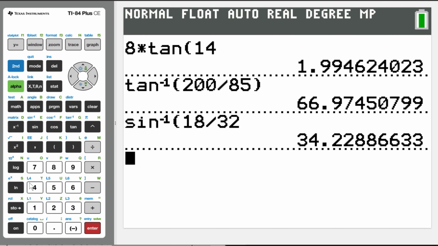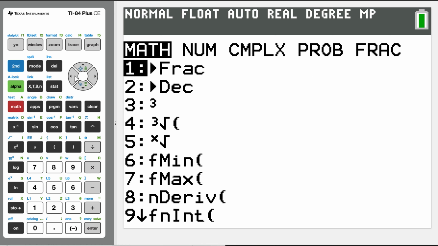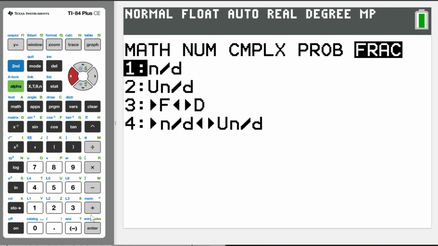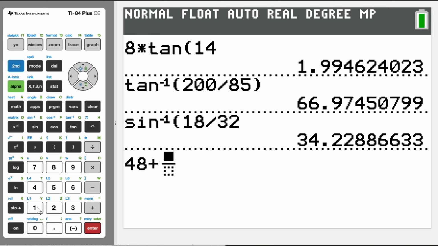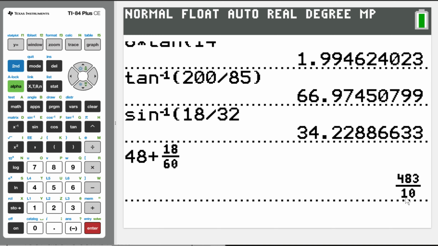So on my calculator, I'll go 48 plus, and then I can type in that fraction. So I'll do that by hitting the math key. So you see how fraction is all the way over here on the right? I'll just scroll one time to the left, and then on option 1, I'll hit enter, and then I'll type in 18 minutes over 60 minutes in an hour. So here I have this fraction.